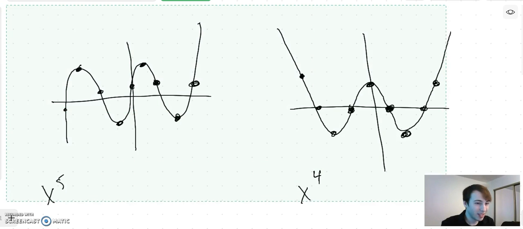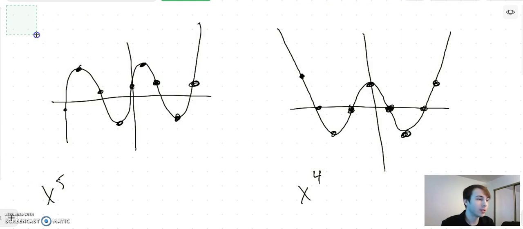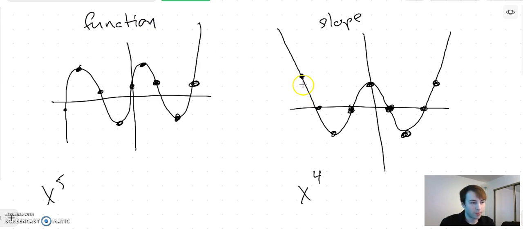One thing to note before we delete all this is that whenever the slope crosses from being positive to negative, that's like a peak in the graph.